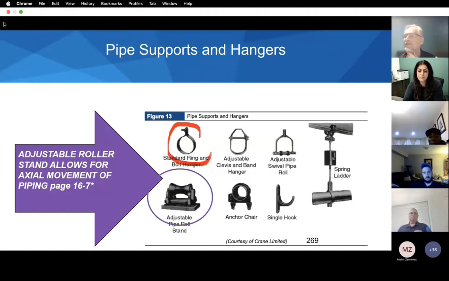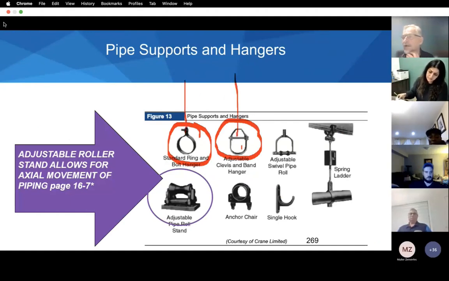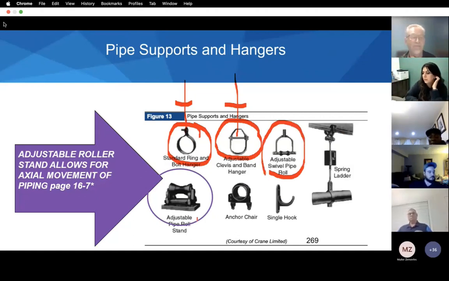You can hang the pipe from a ceiling with a hanger. Fancier ones are clevis hangers. These are supported up to the ceiling with a bolt or a cable. If the piping is moving, this can swing just a little bit, enough to take up the movement in a medium or short run of piping. If we're expecting quite a bit of movement, we'll have something like this with a roller in it so that it can move along.